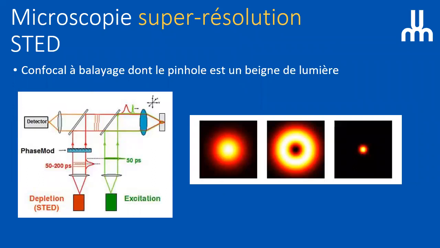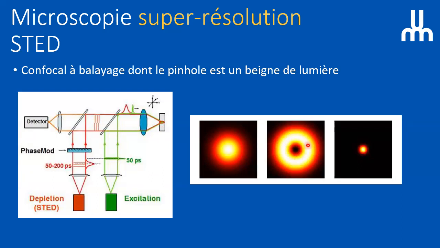Another technique is called STED. It's a really interesting technique because you want to eliminate a small point and get rid of the blurriness around. They use two lasers: the excitation laser, like a regular confocal, and around it you put another laser that looks like a donut. This depletes all the light around.